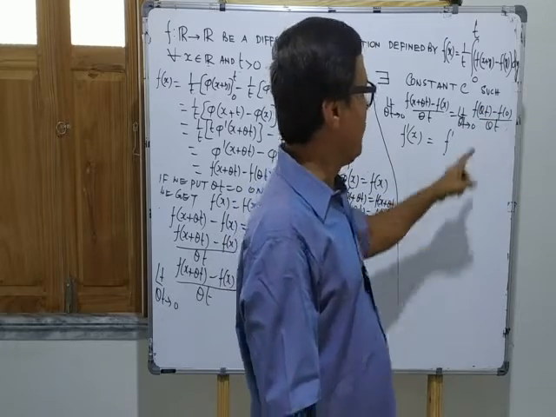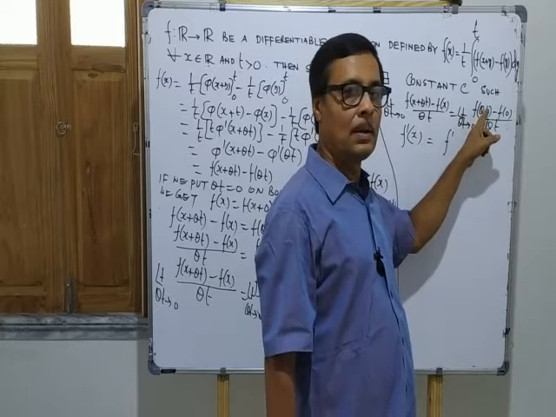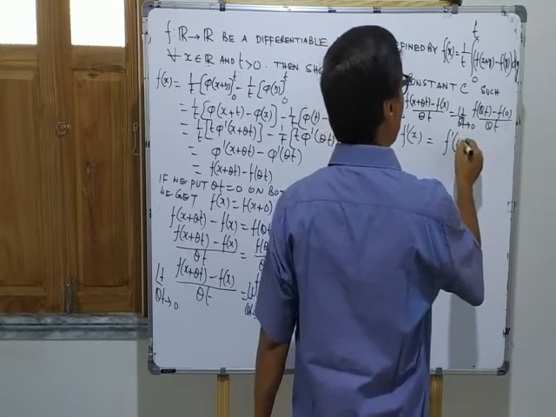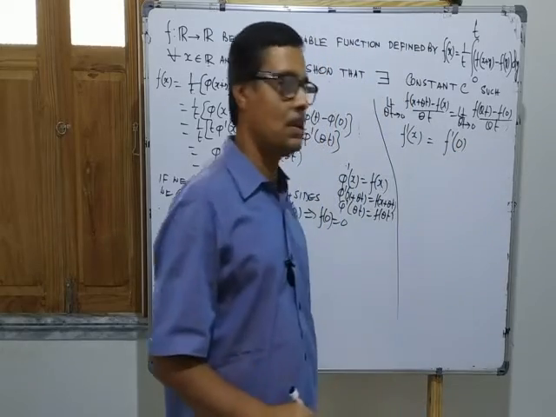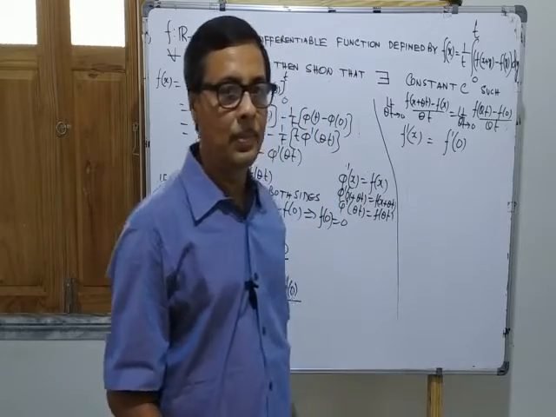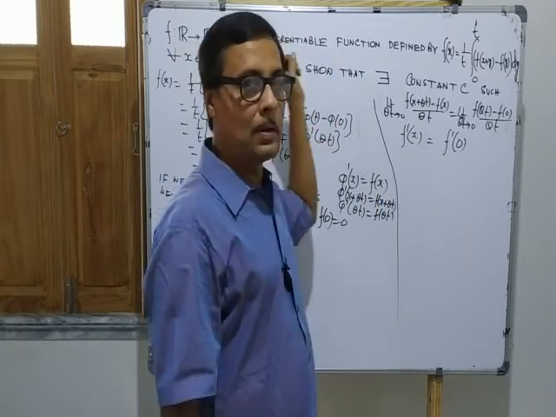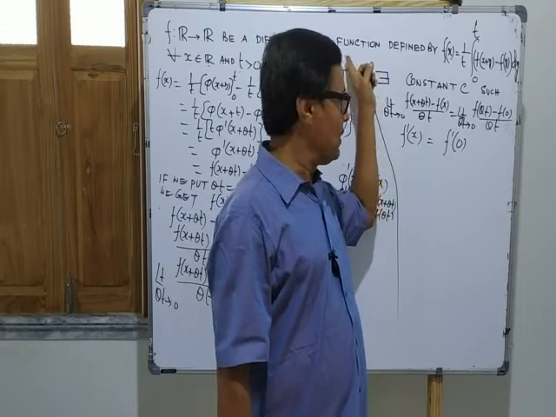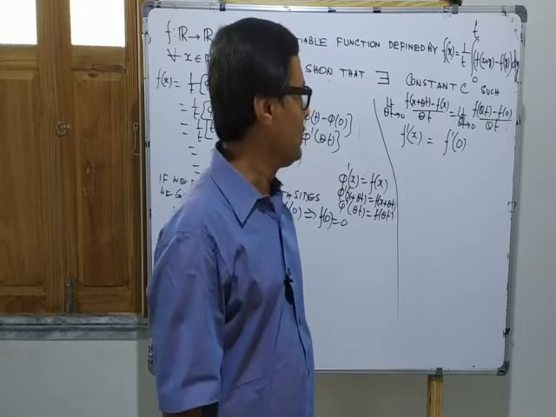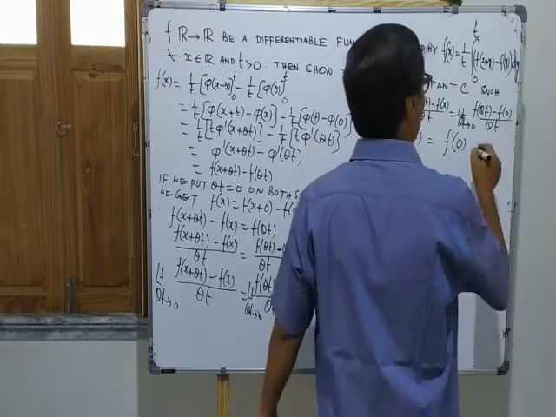So this can be written as f dot 0. F dot x exists in the domain, the set of real numbers, so f dot 0 also exists in the set of real numbers, and f dot 0 is a constant, that is a real number.